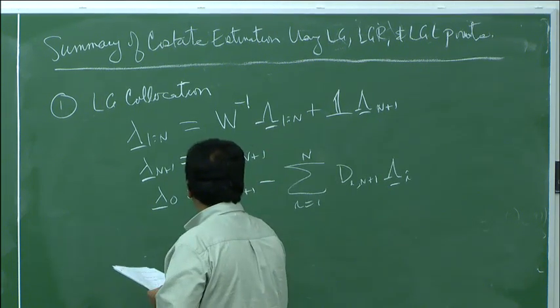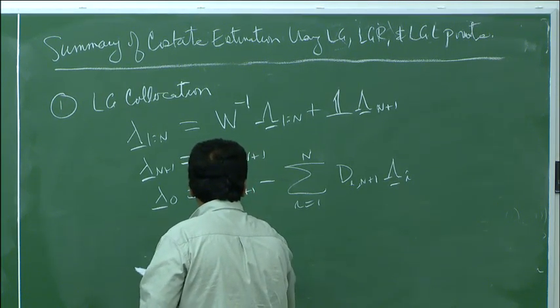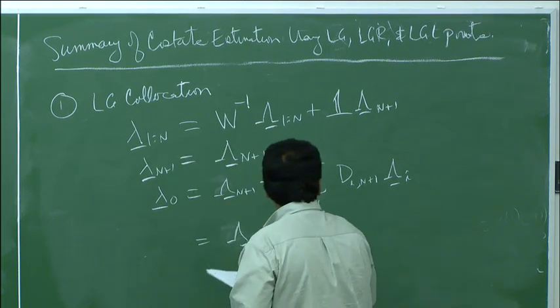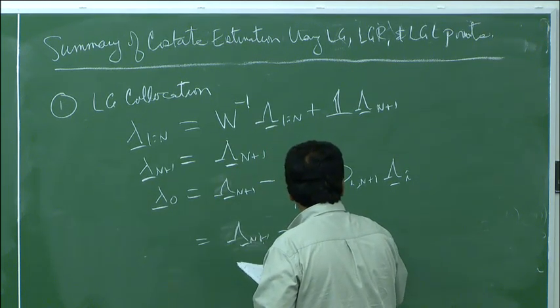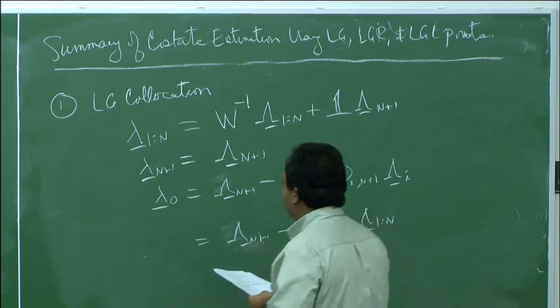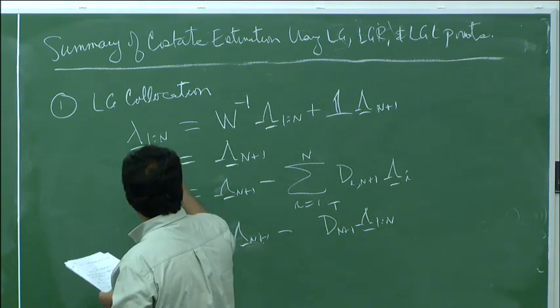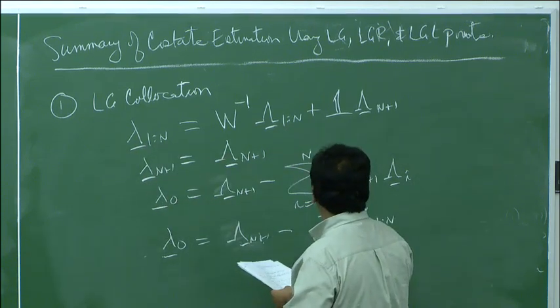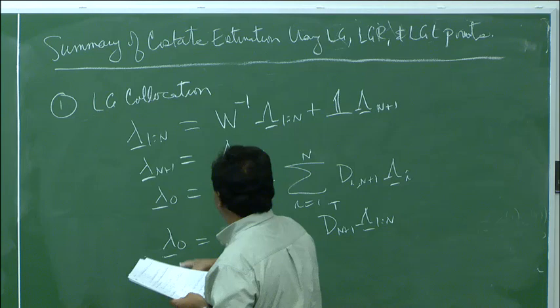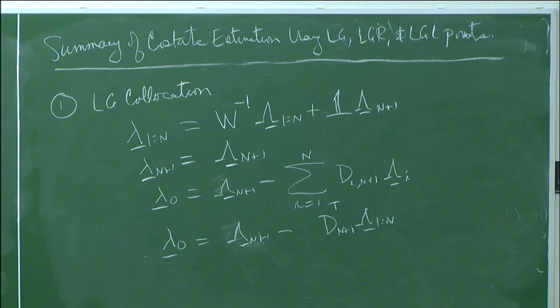Let's keep it in terms of big lambda: lambda n plus 1 minus d n plus 1 transpose times lambda 1 colon n. So this is the initial costate estimate. You can see that this gives you a transformation. I start with the KKT multipliers of the NLP, and I get a transformation that takes me to the costates of the optimal control problem at the Gauss points and the boundary points, because lambda n plus 1 is the final point, lambda 0 is the initial point.